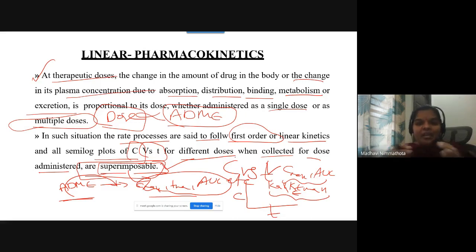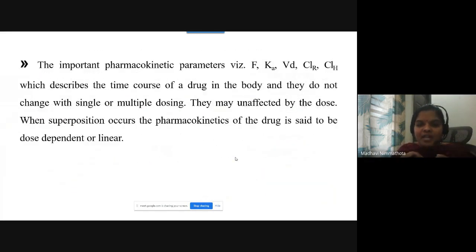So we know up to this mark what we studied in the previous classes. The next part is somewhat different, that is non-linear. This is of linear only.